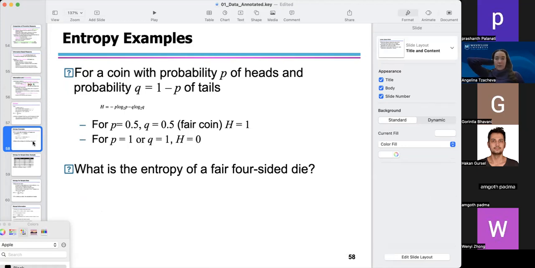This can allow us to do data analysis, for example, when we have to make a decision.